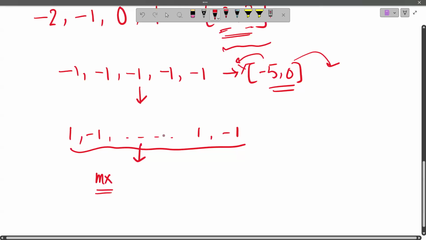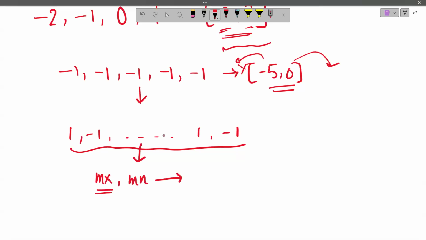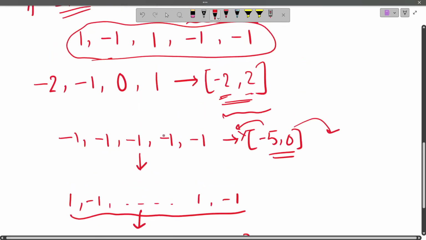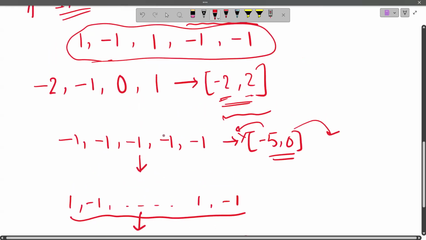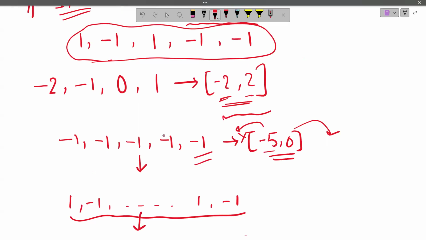But suppose the maximum subarray sum is mx and the minimum subarray sum is mn. My claim is that all values between mn and mx are possible. For example, here the maximum subarray sum is 0, you just take the empty subarray, and the minimum subarray sum is minus 5 because you take all the elements. So here mn is minus 5 and mx is 0.